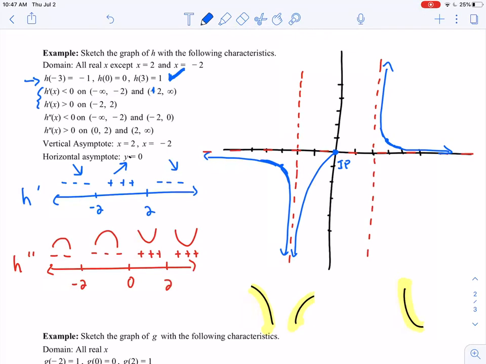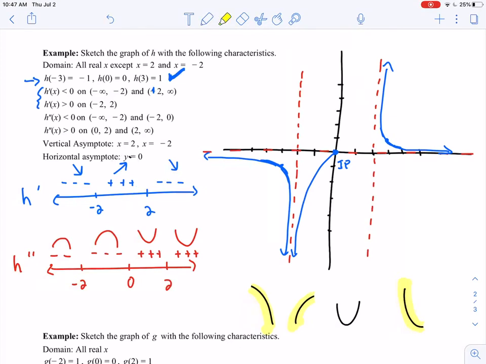And then finally, on the right-hand side of the inflection point, between 0 and 2, draw the graph of a function which is concave up. Again, our function is concave upward. What else is happening? Our function is increasing on that interval.